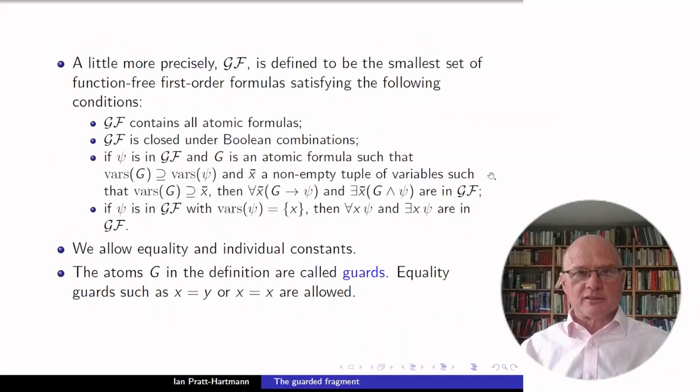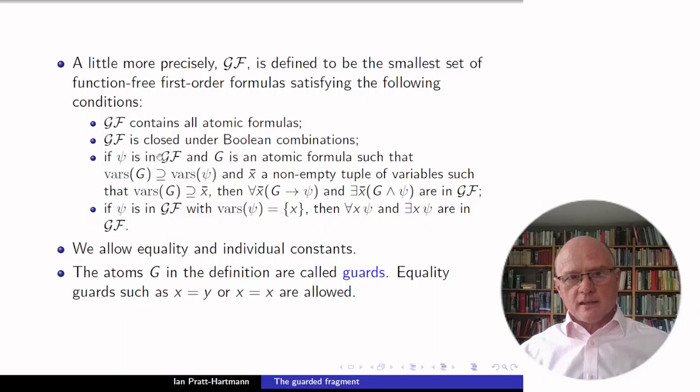Let's have a look a little more precisely. We define GF to be the set of all first-order formulas closed under the following rules. First of all, the guarded fragment contains all atomic formulas. Secondly, it's closed under Boolean combinations.